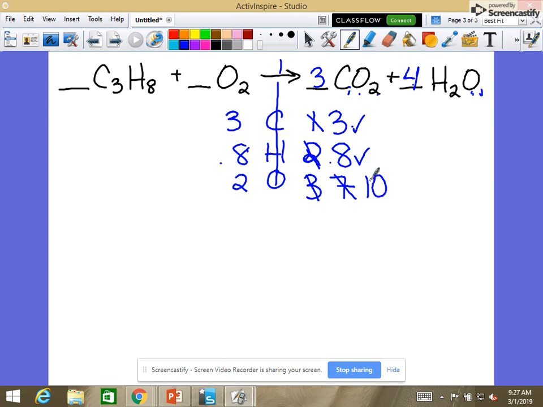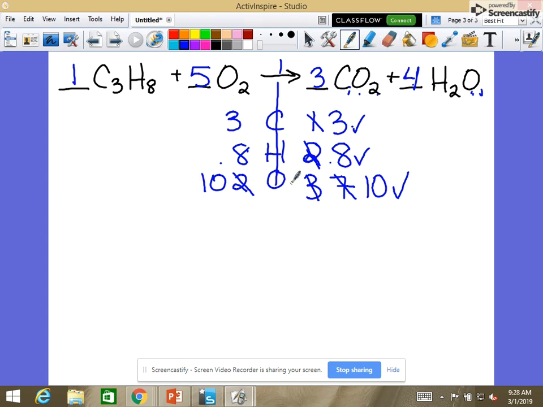When I'm going to try and balance my oxygen, I realize that if I just multiply 2 times 5 here, it gives me 10, and everything gets balanced. I'm going to go ahead and add a 1 here just in case we need to do mole-to-mole ratios. But now I've done step 1, which is a balanced chemical equation.